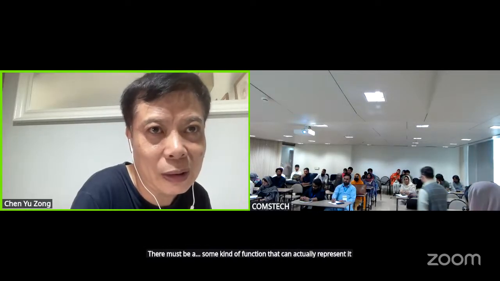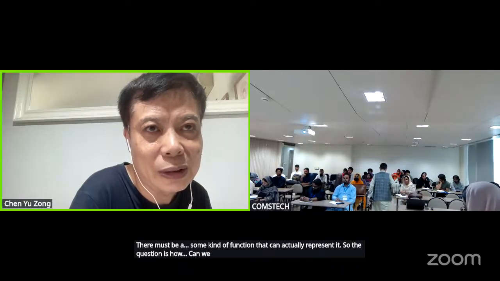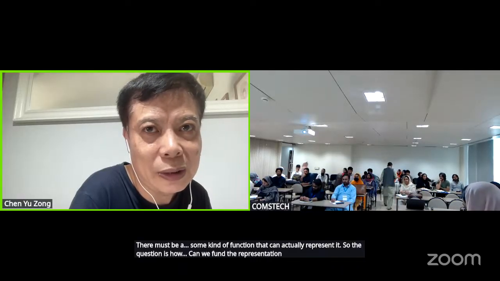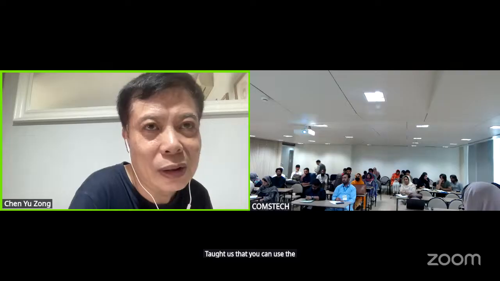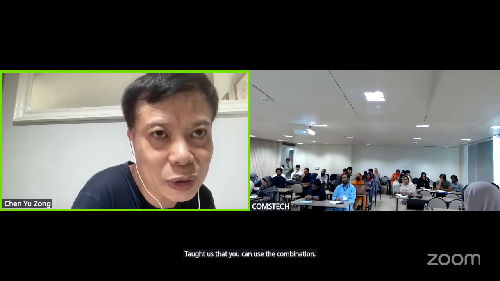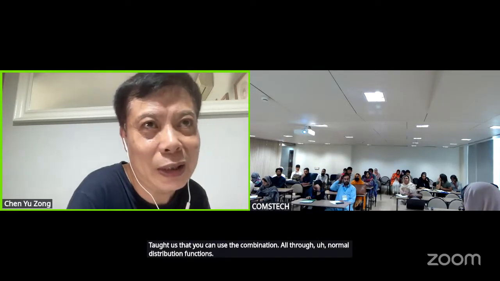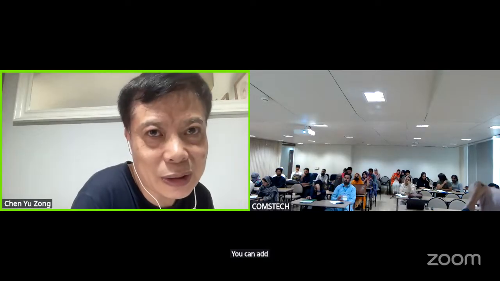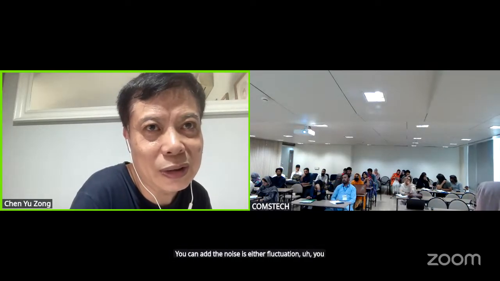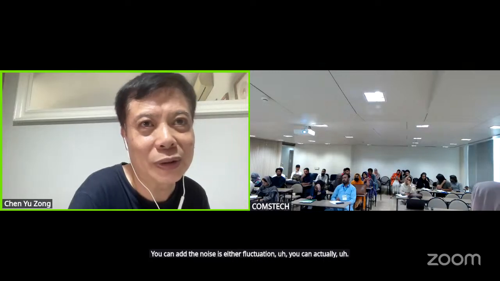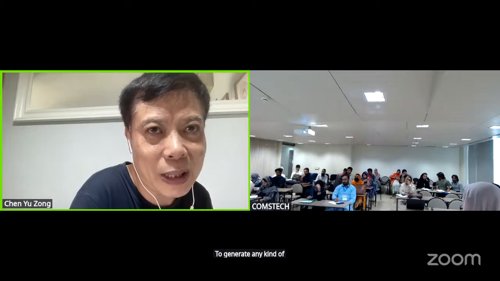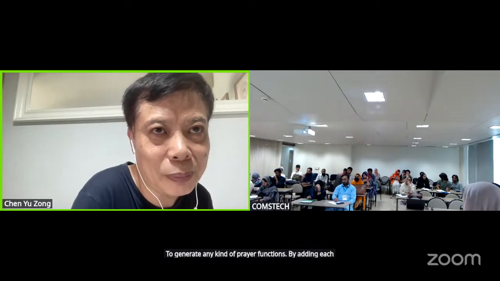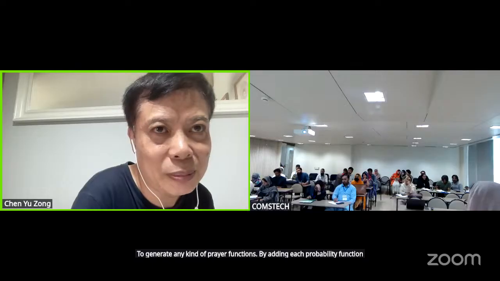So the question is, how can we find the representation? Bayes actually taught us that you can use the combination of normal distribution functions. You can add noises, add fluctuation. You can add moving fluctuations to generate any kind of prior functions. By adding each probability function, you add certain parameters.